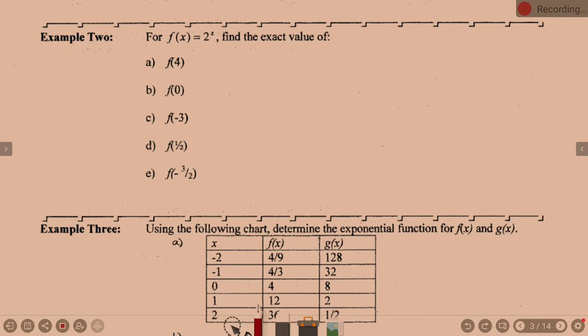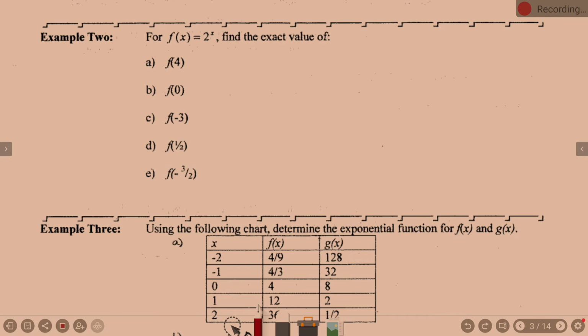Okay, example 2 asks us to find the exact value. So I'm going to ask that you not use your calculator here for a moment, because I want to think about how to do these. Some of them are pretty basic. You don't need a calculator. I want your brains to do the thinking here.